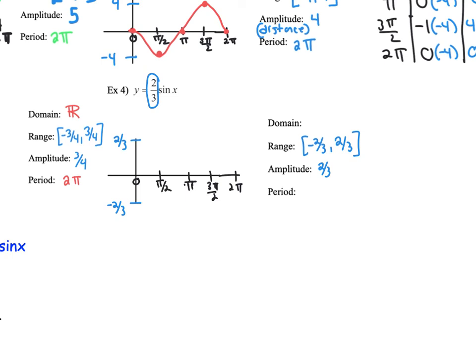Since there is no negative, there is no flip, which means that we will do our traditional sine graph. Traditional sine graph starts at the center, goes up first to the highest, back to the center, down to the lowest, back to the center, and there's my sine graph. Period is 2 pi, domain is, again, all real numbers.